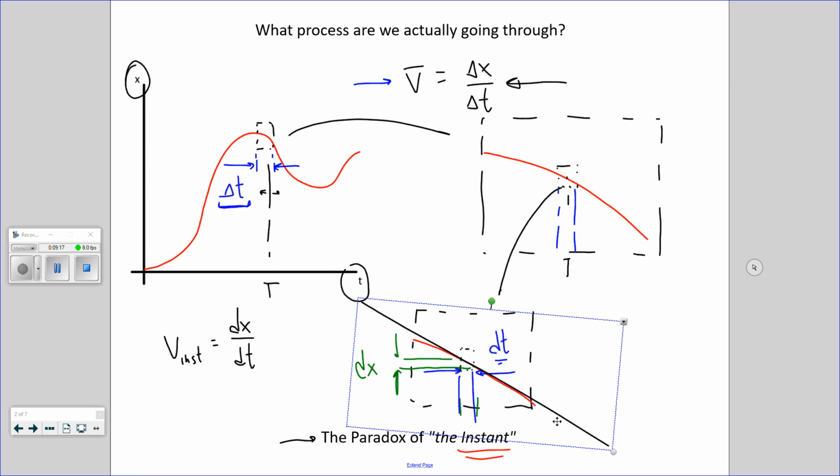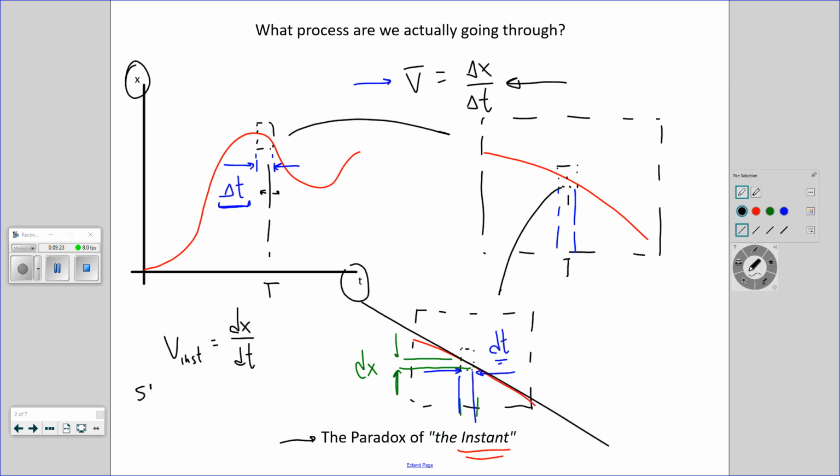Formally, technically, when we say slope of the tangent, well, it isn't a tangent, right? It's actually a line that touches the curve in two places. It's actually the slope of a secant. That doesn't matter procedurally.